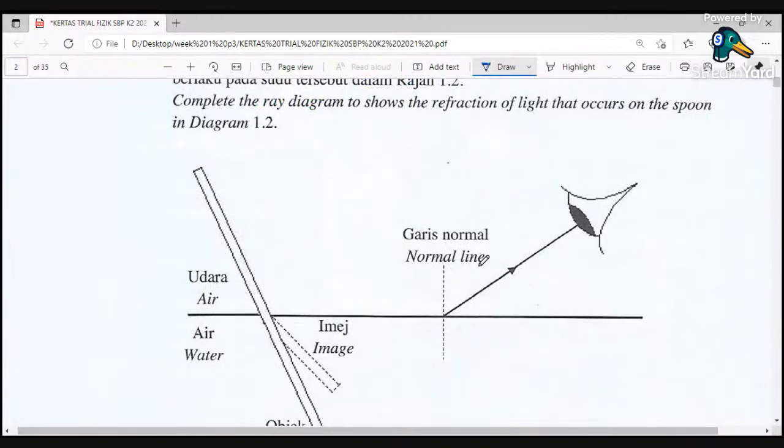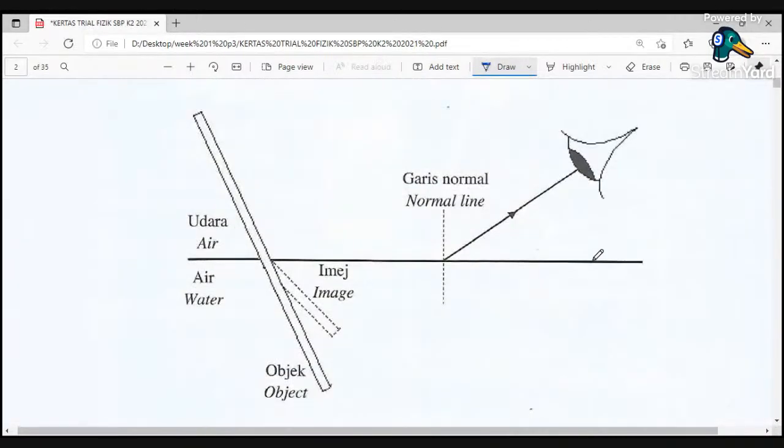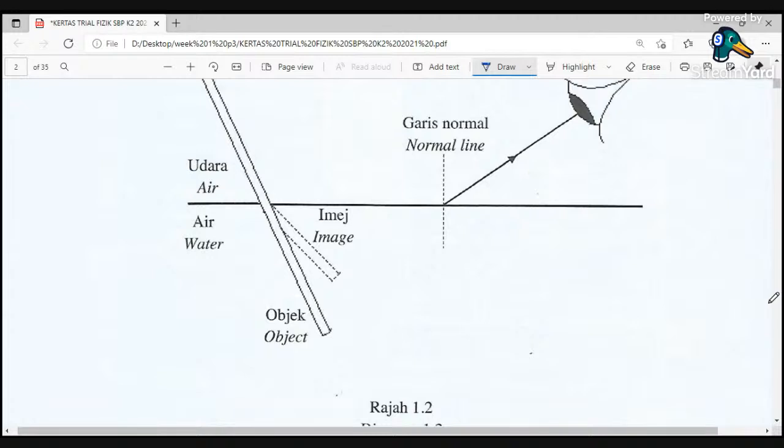Complete the ray diagram to show the refraction of light that occurs on the spoon in diagram 1.2. Remember, our line of vision is a straight line, so we observe anything along the line of vision, so your eyes can see the image formed here.